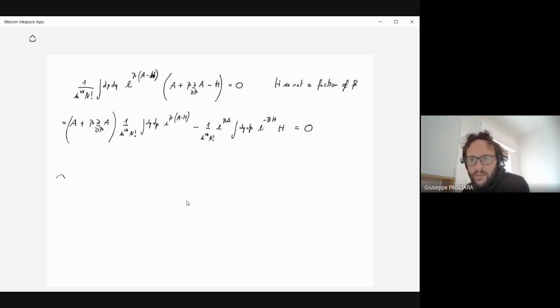Okay, let me check if I have done things properly. I have A plus beta derivative with respect to beta of A, which is independent of P and Q, therefore I can put it outside.